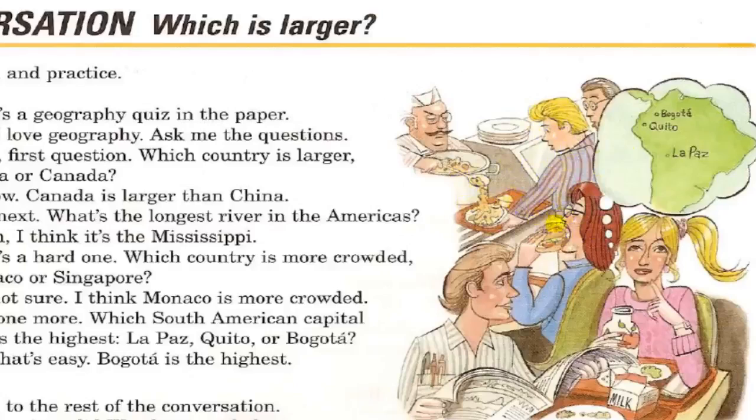They're drinking. What about those two young people? The young man is reading. He's reading a newspaper. He's reading what? Look here. The young lady is thinking. She's thinking about a map. This is a map.